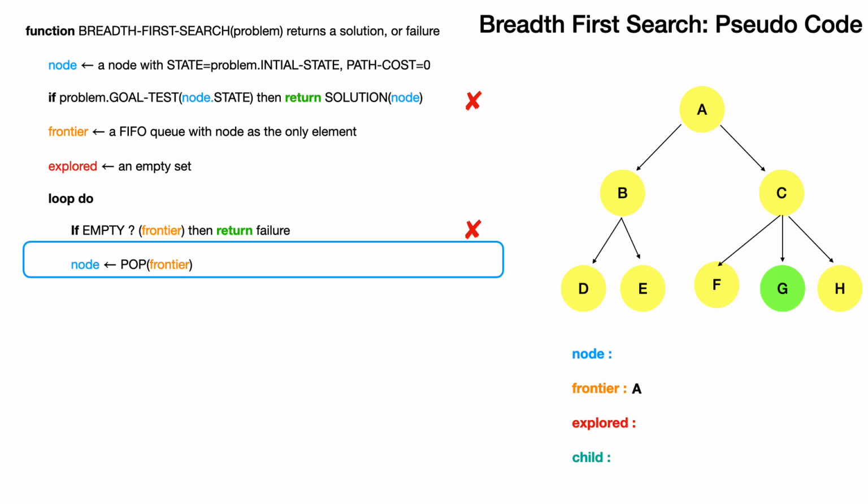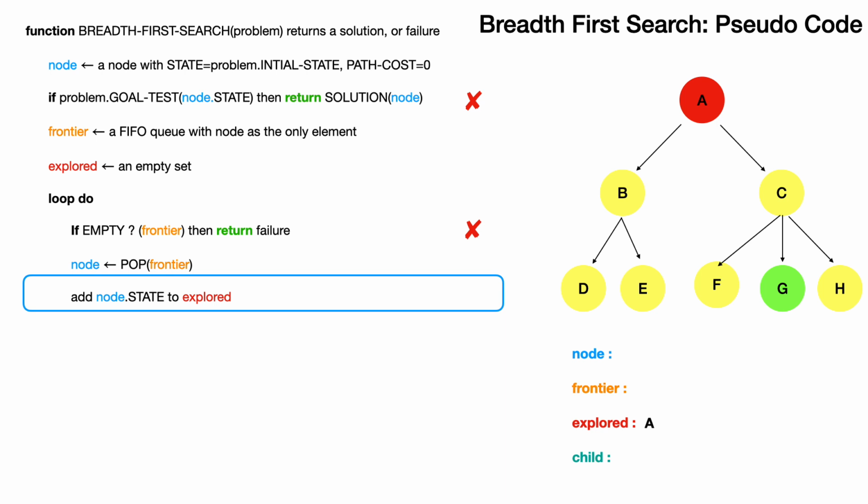As we know, in breadth first search we follow a first in first out queue, so whichever comes first we will be popping first. Here we only have one node, which is A, so we pop that and keep it in node A. And once we pop it, we also put this node A into the explored set.